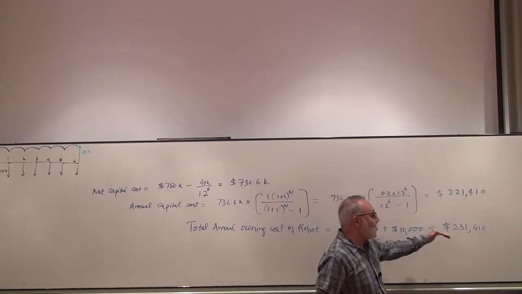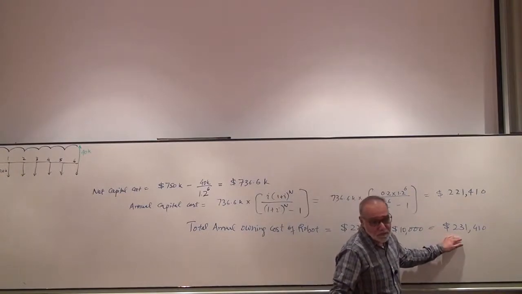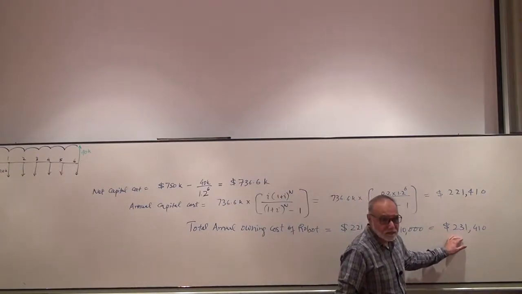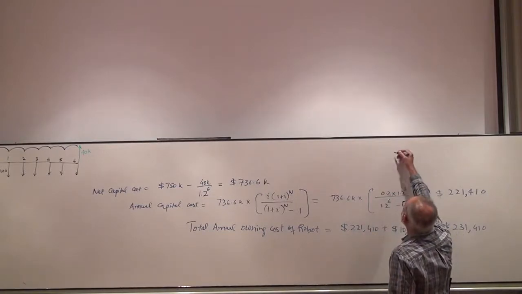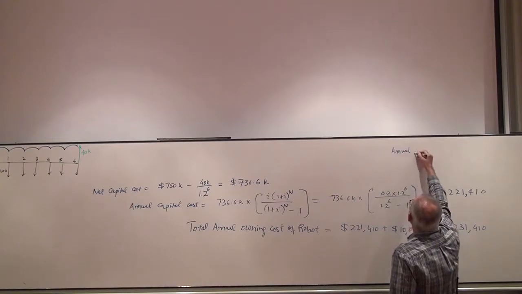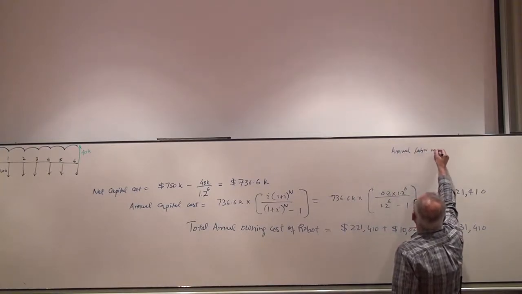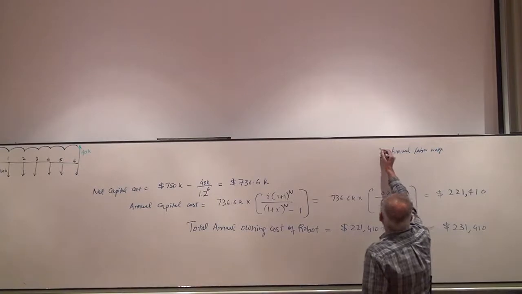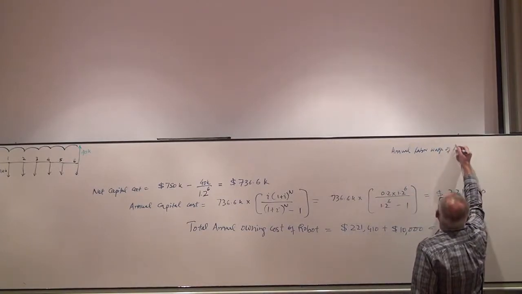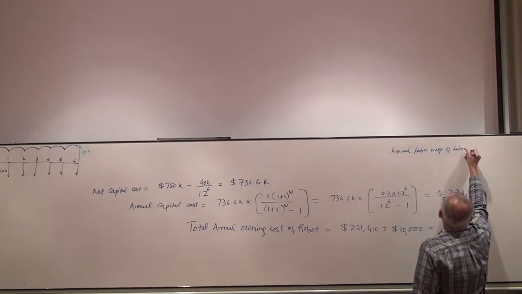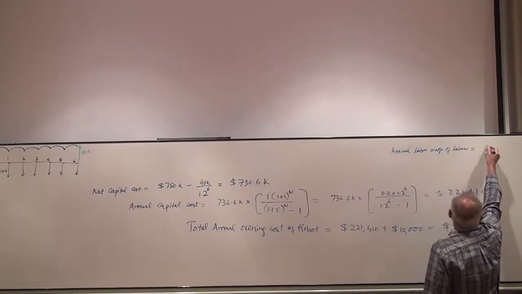So if the laborers are costing us more, let's say it is replacing laborers, annual wage of one laborer is, let's say, $40,000.